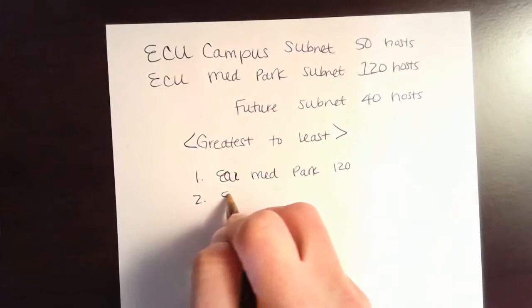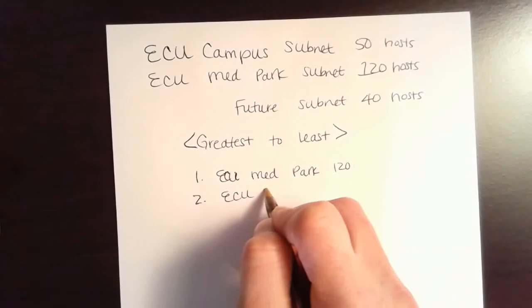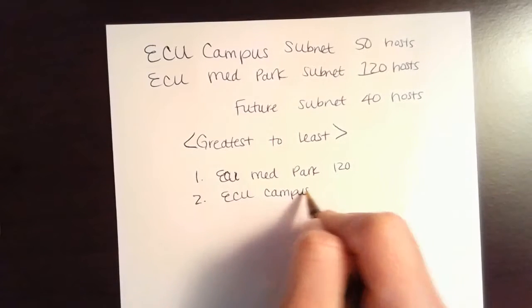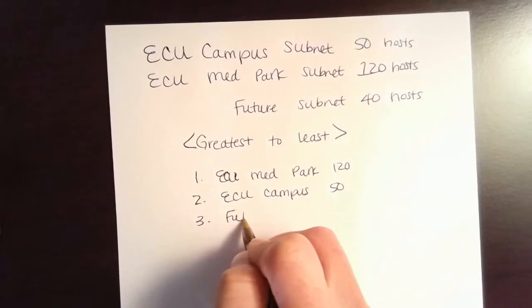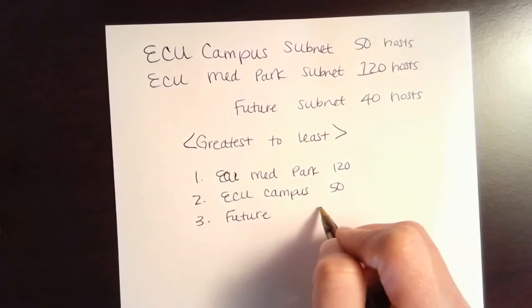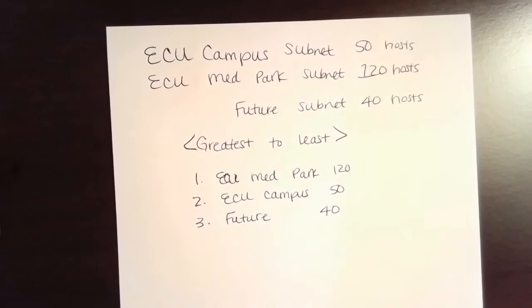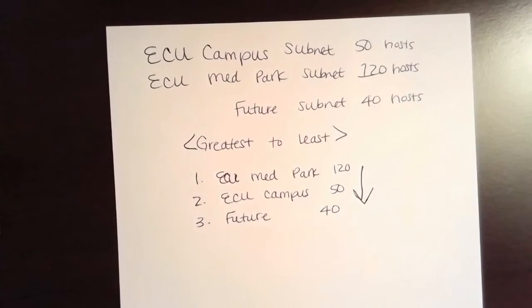Then we're going to go to the ECU Campus one because it has 50, and then lastly the future one, which needs 40. So it needs to be in order from greatest down to least. You have to reorder those no matter what is listed, no matter how your diagram is arranged. You need to make sure you reorder them first. That's a big part of it.